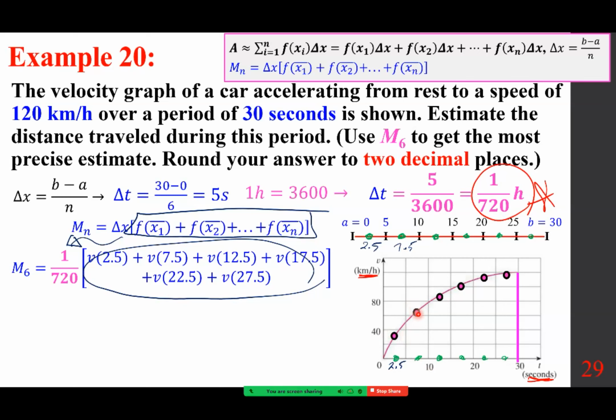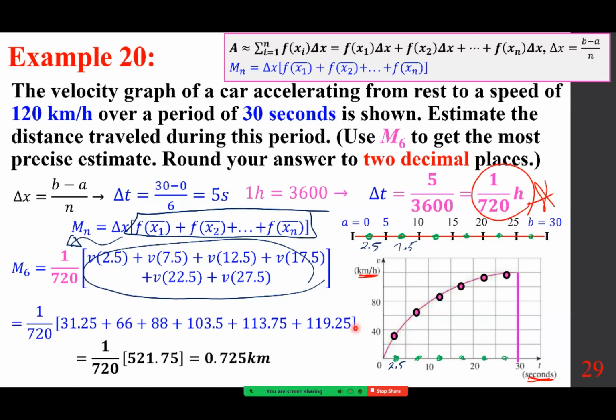For this one, about 66, and so on and so forth. You do your best to read the height, or the y coordinate, for those points. Add up those values, multiply by 1 over 720, and you get 0.725 kilometers.